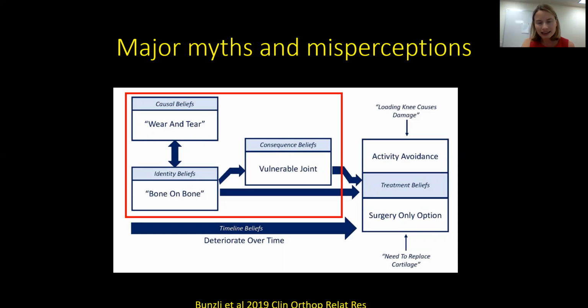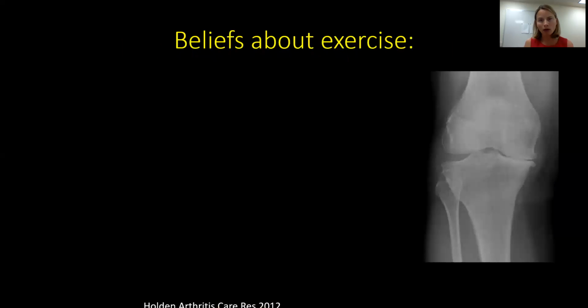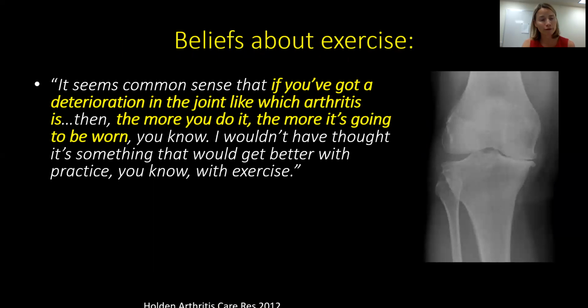And indeed, when we look further in the qualitative literature, there are really strong beliefs about exercise that are underpinned by this knowledge and understanding of the condition. This is a quote from a fellow that says, it seems common sense that if you've got a deterioration in the joint, like which arthritis is, then the more you do, the more it's going to be worn.